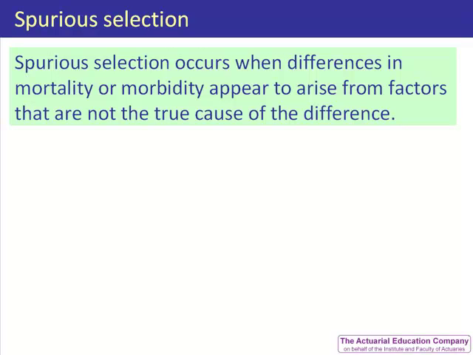However, there may be other differences in composition between the groups, and it's these differences, rather than the differences in the factors used to form the groups, that are the true causes of the observed mortality differences. Ascribing mortality differences to groups formed by factors that are not the true causes of these differences is termed spurious selection.